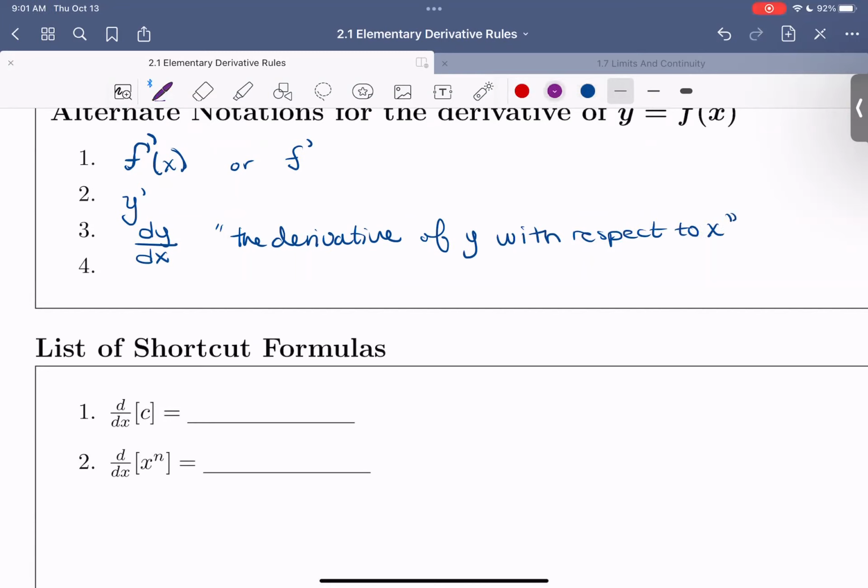So in this notation, it becomes clear which variable you're changing in the numerator and which variable you're changing in the denominator when you're computing a slope of a tangent line. So again, the derivative of y with respect to x, meaning the variable in the denominator is x.